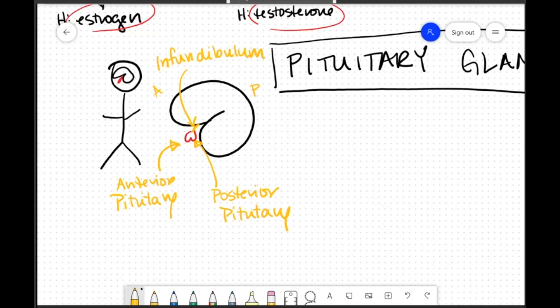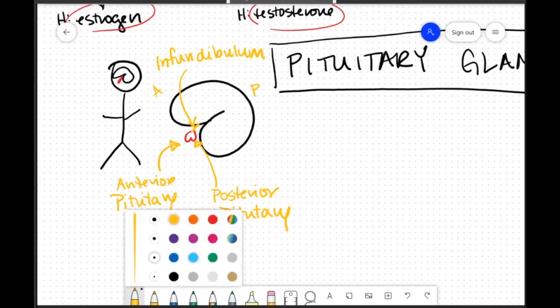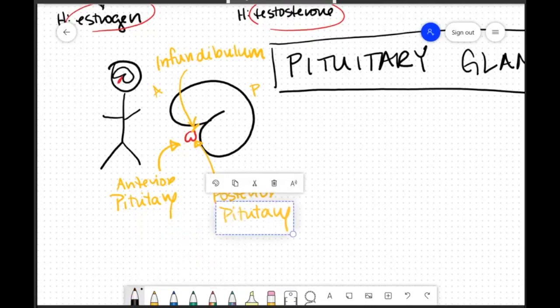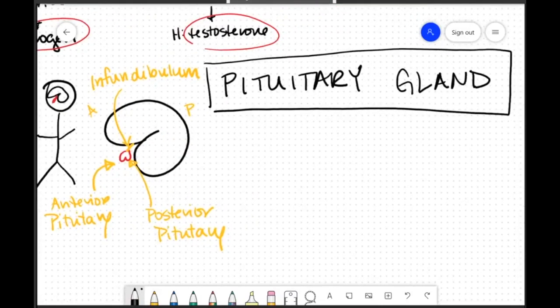So, like I said, there is an anterior pituitary gland and a posterior pituitary gland. But when we talked all the way at the beginning, we said that it was only the anterior pituitary gland that was considered an endocrine gland, and that is very true. So now we're going to come back to our pituitary gland, and we're going to talk about both.